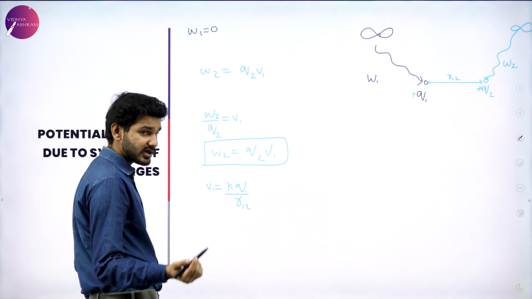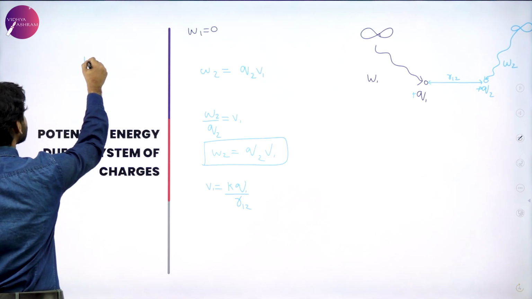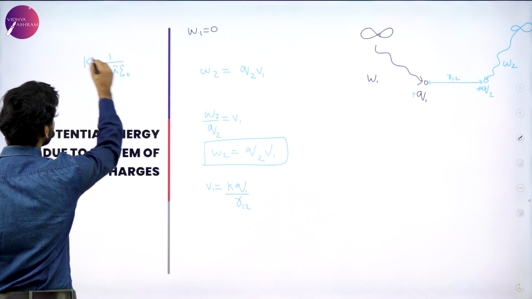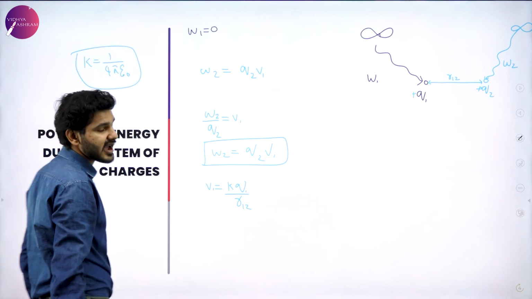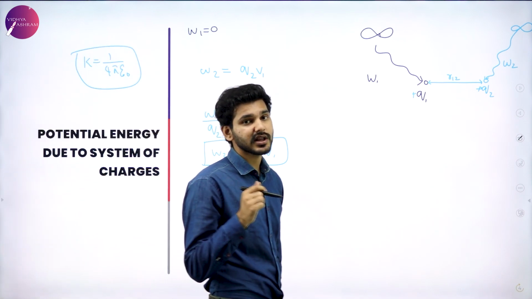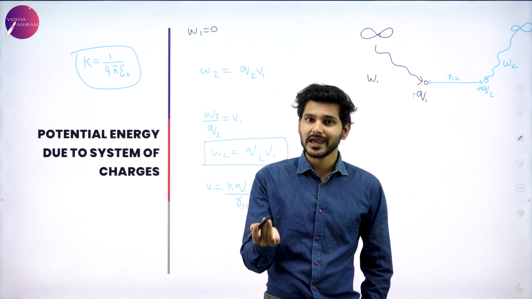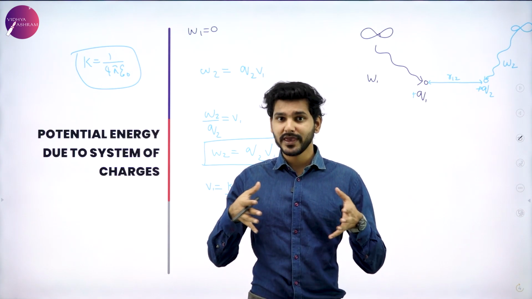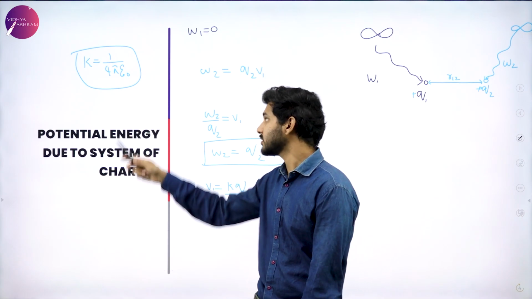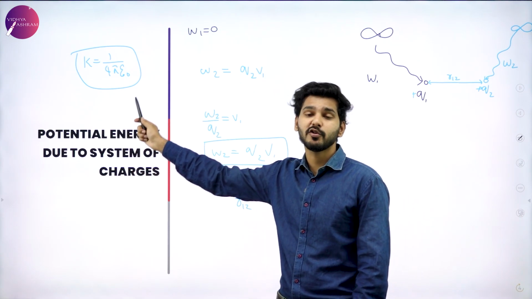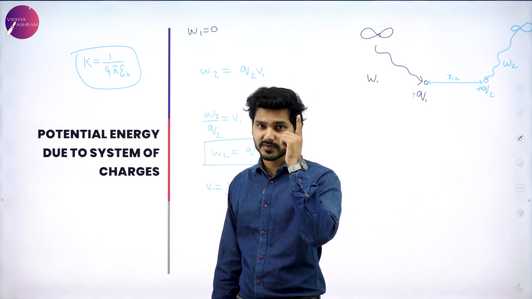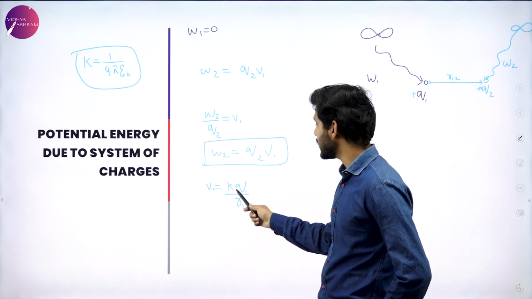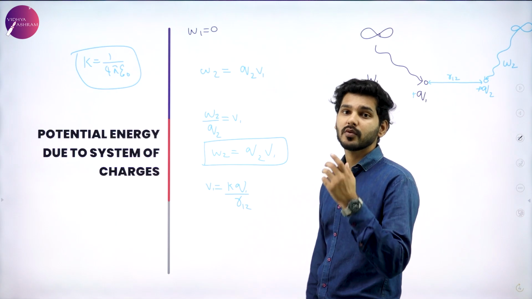And remember, K is always 1 by 4 pi epsilon naught. Never ever forget about this quantity. We are writing K in order to simplify the equation so that it doesn't appear too big. But that particular quantity, that is 1 by 4 pi epsilon naught, should always be inside your brain. Anyways, so V1 is equal to KQ1 divided by R12.